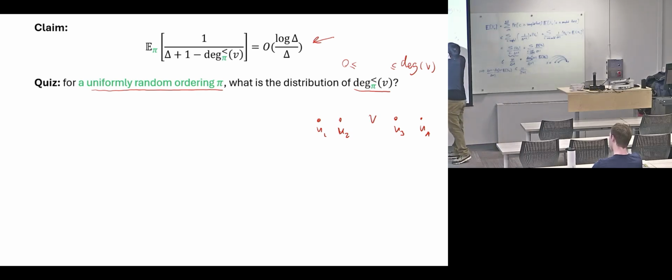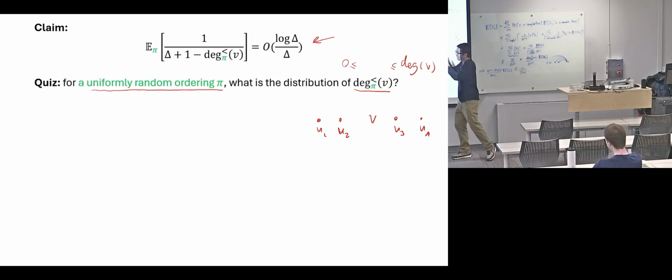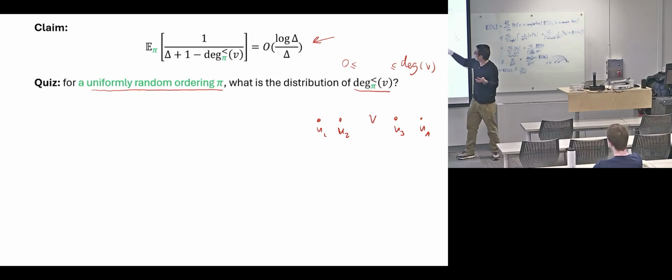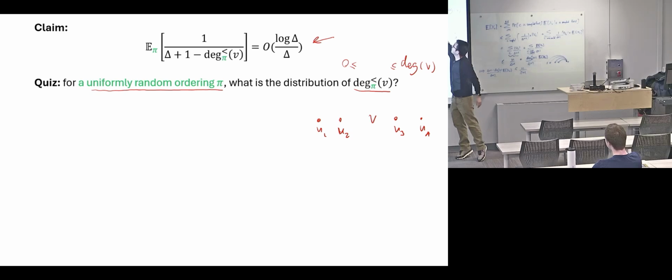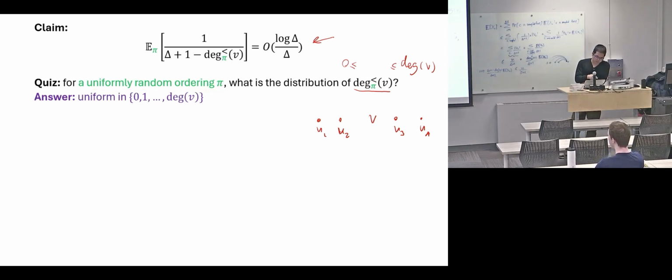If you just focus on these 5 guys, the relative order of these 5 guys will be a random permutation too. It just looks like a random permutation of size 5. So the position of v relative to all the neighbors is uniform. So the number here is uniformly distributed over this range. Okay, this is just a uniform distribution.